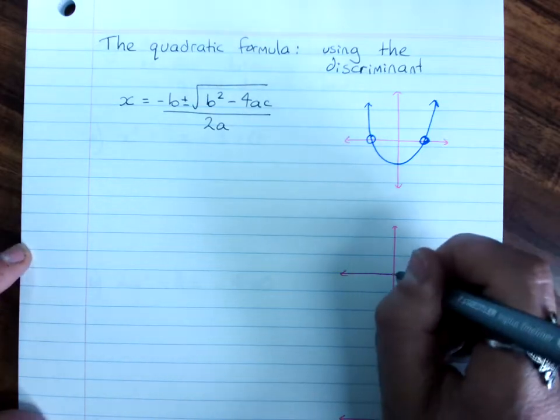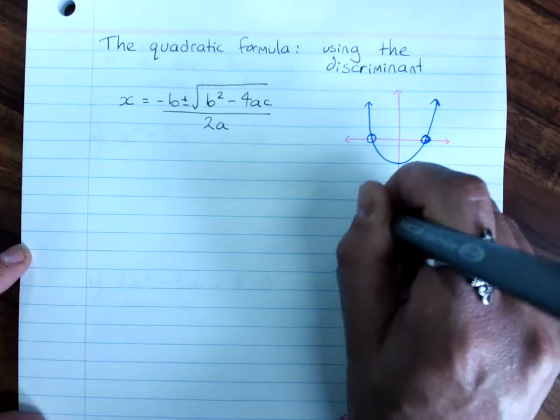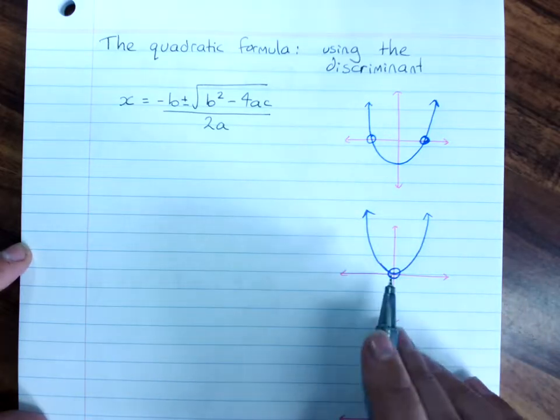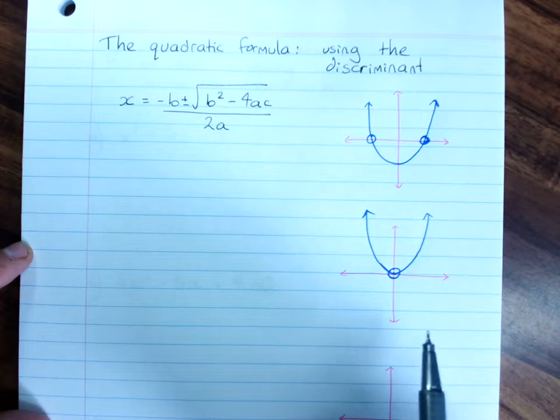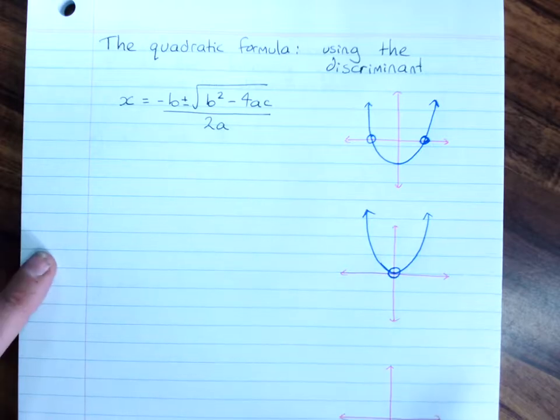If my parabola was sitting right here, then there's only one point where it crosses the x-axis or touches the x-axis. So there's only one point where the function equals 0, and so this has one solution.